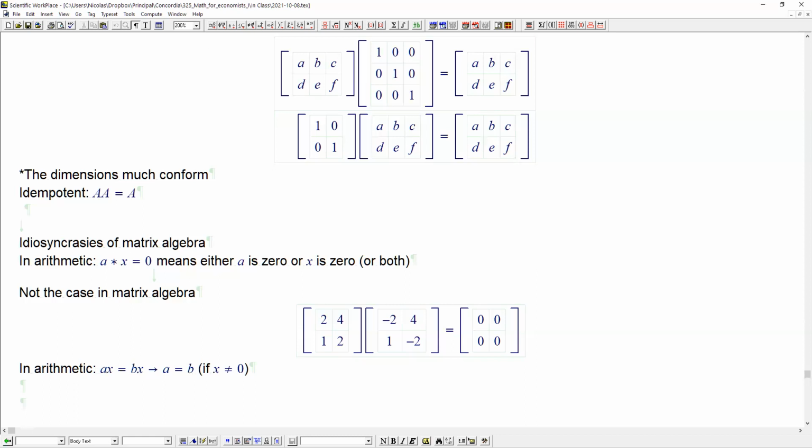But in matrix algebra, not necessarily. So does somebody have an example where this is not the case for matrix algebra?